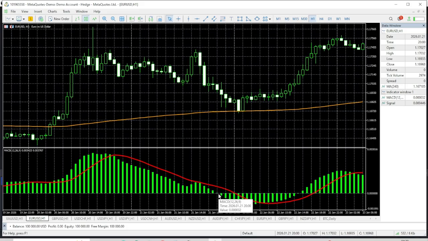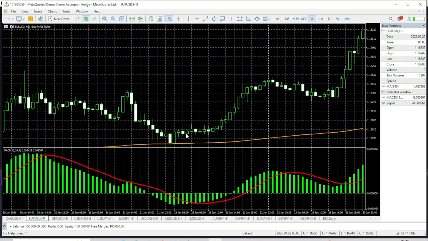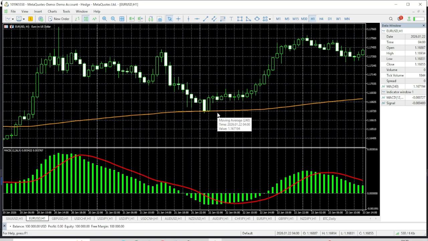That is the 0.00 level line. And then the MACD now nullifies the uptrend determined by the EMA 240. So we now begin to wait for another setup.